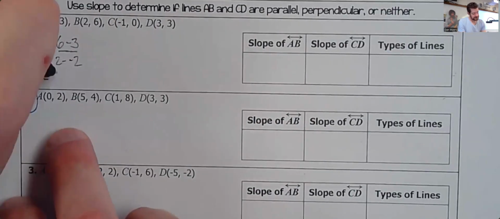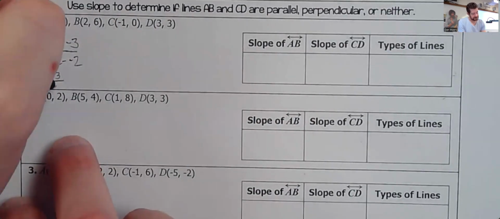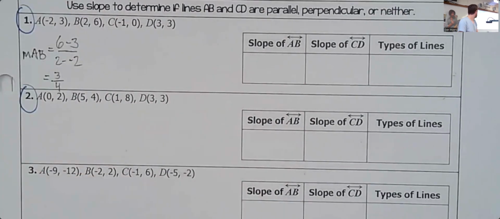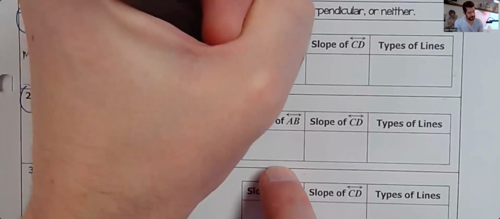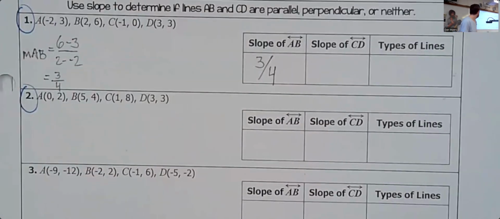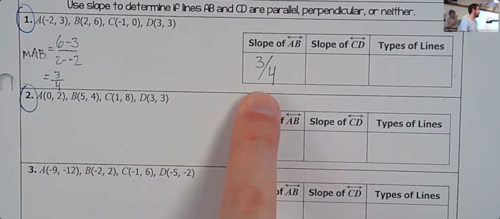Six minus 3 is 3. 2 minus negative 2 is 4. So the slope of line AB is 3/4. So in this box over here, go ahead and write 3/4.